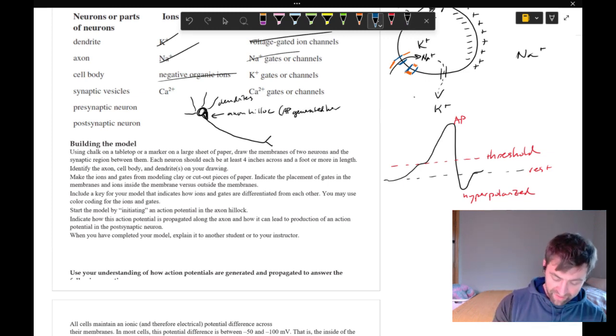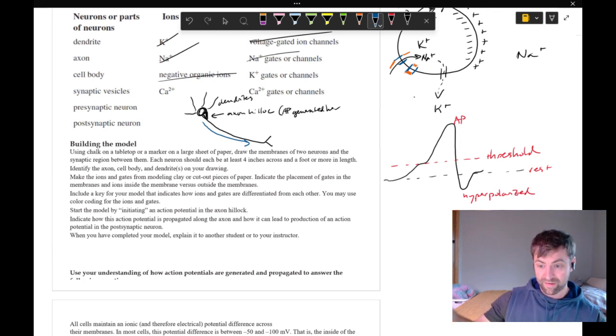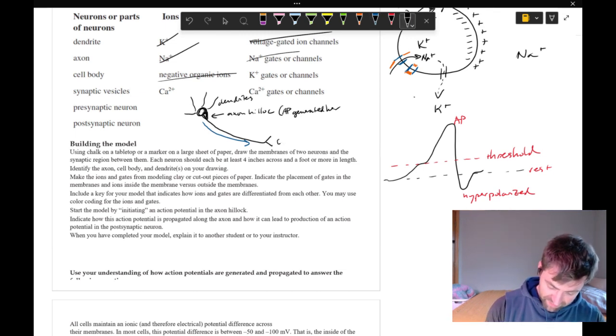Once it hits threshold there, sodium channels open along the length of that axon, pushing that wave of depolarization down towards the next cell.